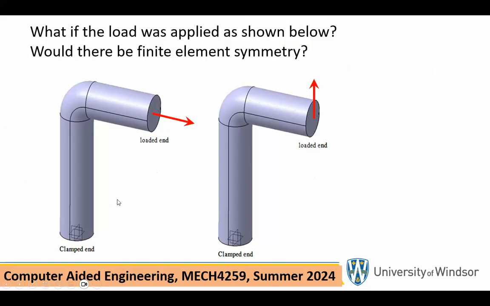Now, I mentioned in the first slide that symmetry is a big part of this course. For example, if this load that we're talking about, instead of the direction that I showed you, was in this direction, it's totally unnecessary to solve the problem as the entire geometry. What we can do is make a cut through this, take half of it, and solve the problem.